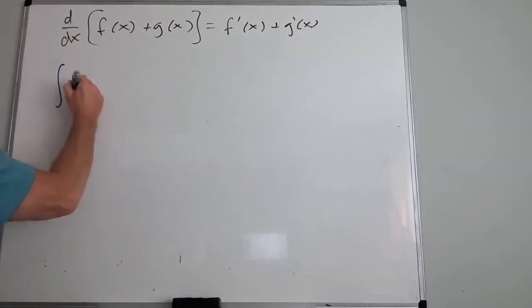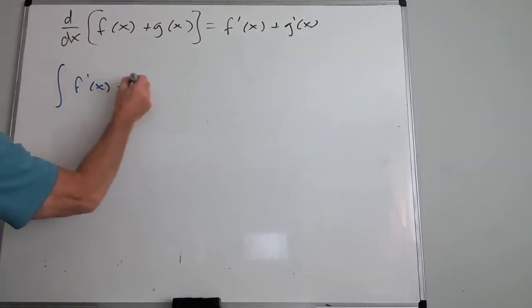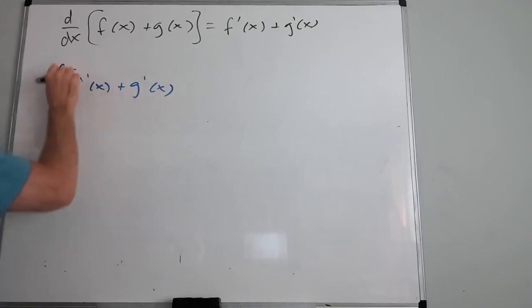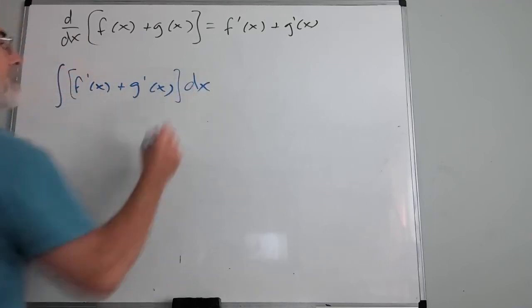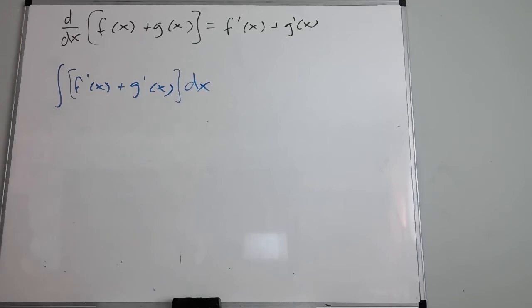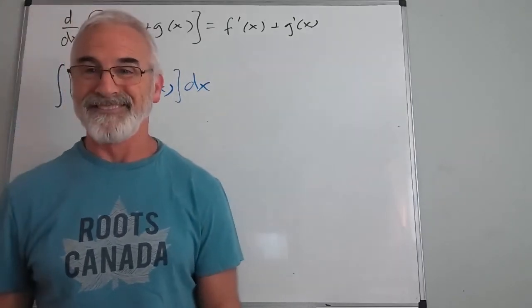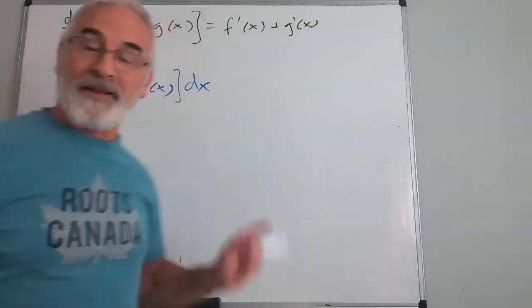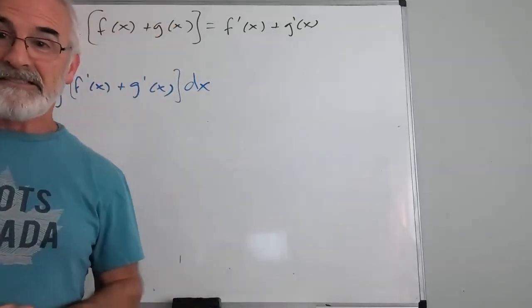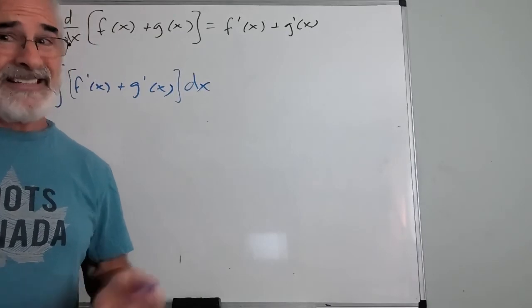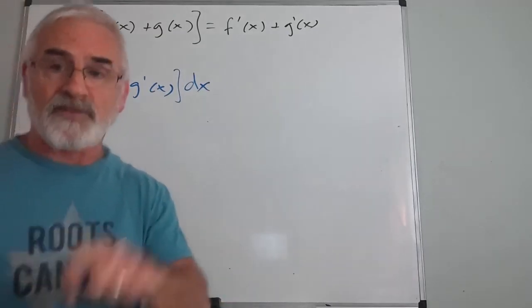What if I want to do the integral of the sum? What are we hoping it is? Anybody, what are we hoping the answer to this is? F of x plus g of x. Yeah, because that would mean that the same property holds.